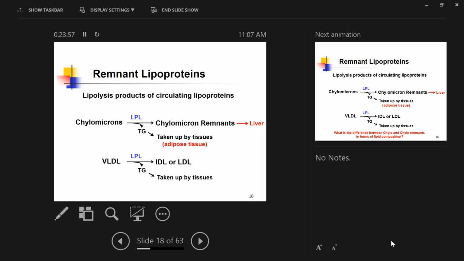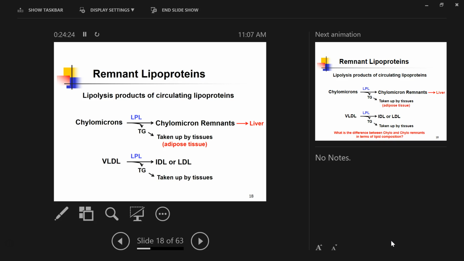And if you compare the core lipid volume, the chylomicron remnant has much less triglyceride, right, than the chylomicron. And the chylomicron remnant eventually is taken up by the liver. And similar for the VLDL, right?